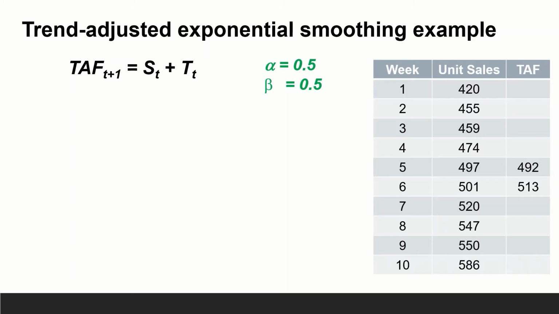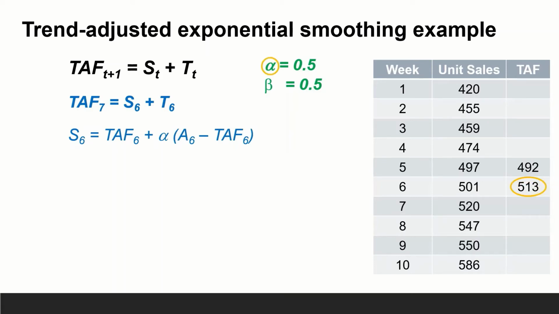Applying the trend-adjusted exponential smoothing equation, TAF7 equals S6 plus T6. Where S6 equals TAF6 plus alpha multiplied by (A6 minus TAF6). Using the values of TAF6, alpha and A6, S6 equals 513 plus 0.5 multiplied by (501 minus 513).